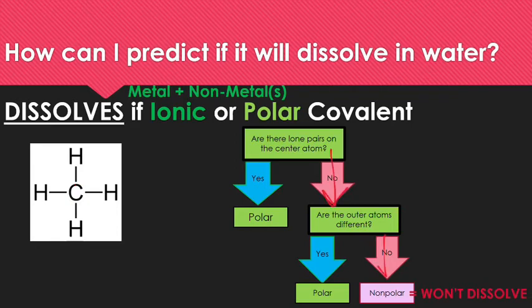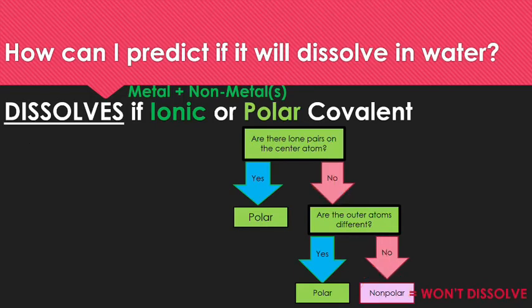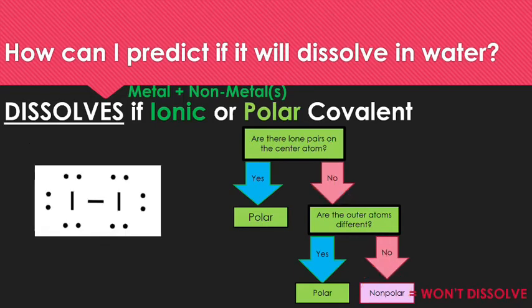We have to answer no to both questions for this to be nonpolar, or one yes would instantly make us polar. So we answered no to our first question. And looking at our outer atoms, none of these H's are any different than the other H's. So this is another no. So this is a non-polar compound, which means it won't dissolve.